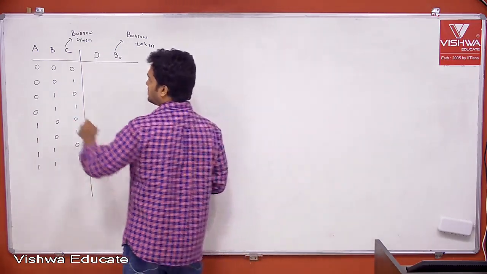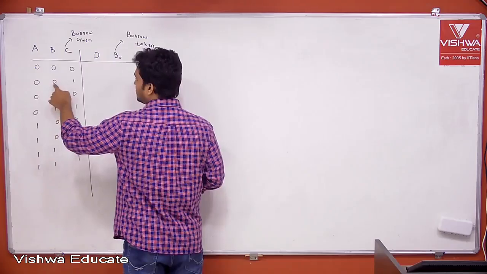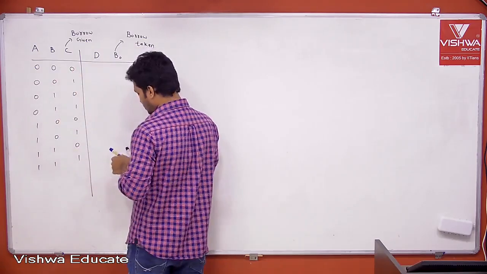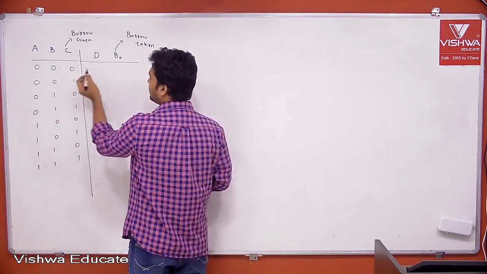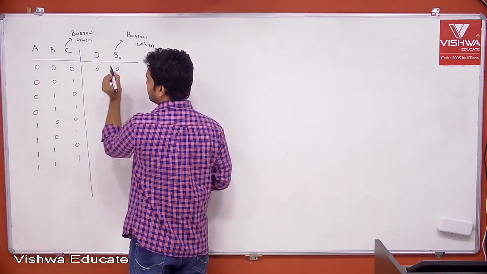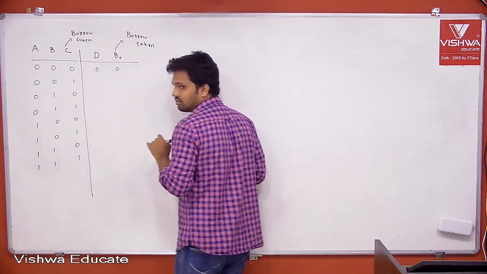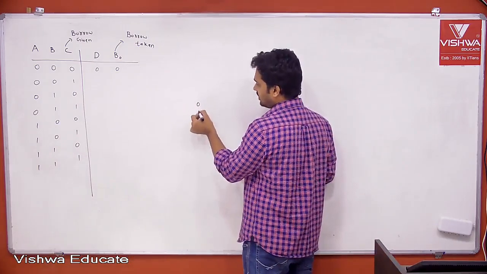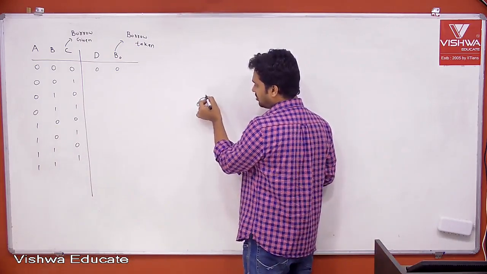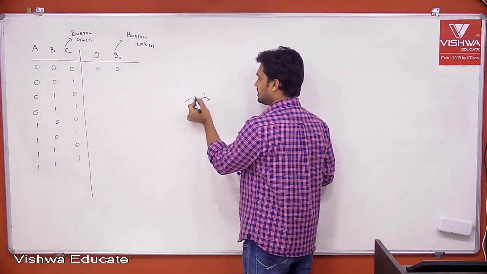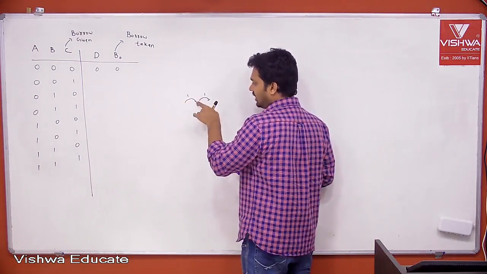So, first case, when A is 0, B is 0, borrow given is nothing. Then what is the answer? I have not given any borrow, so 0, 0. A is 0, B is 0, borrow given is 1. Just now we discussed this. In this case, I need to take a borrow of 1. It will become 2.